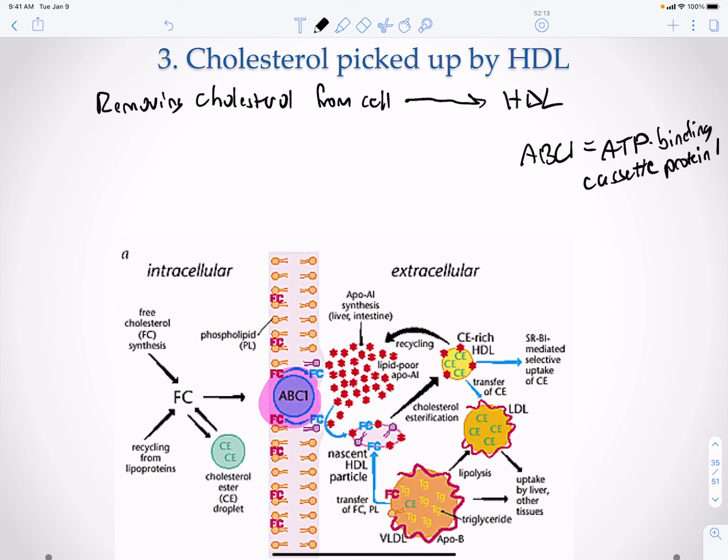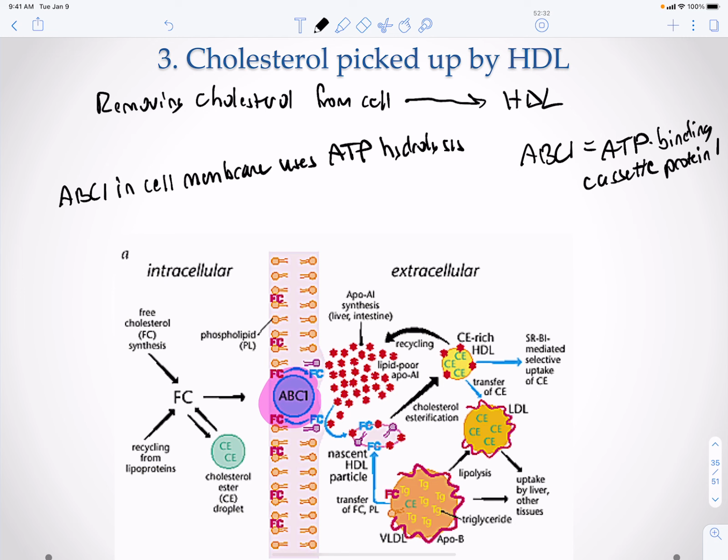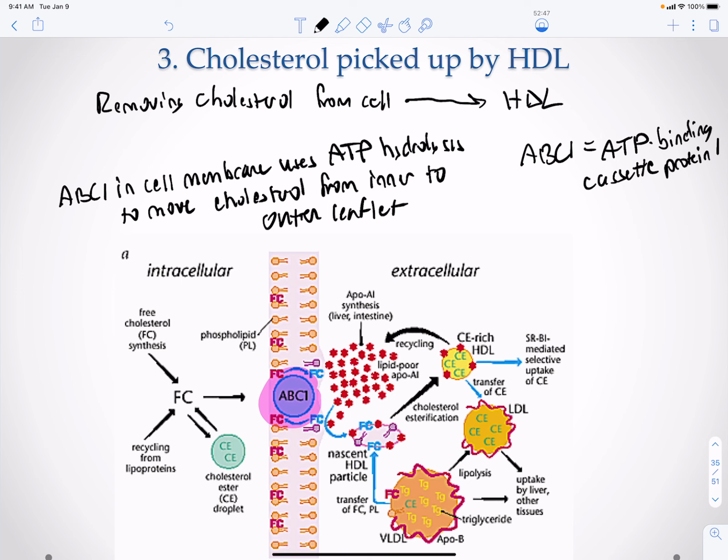And ABC1 is going to use ATP to move cholesterol from the inner leaflet.